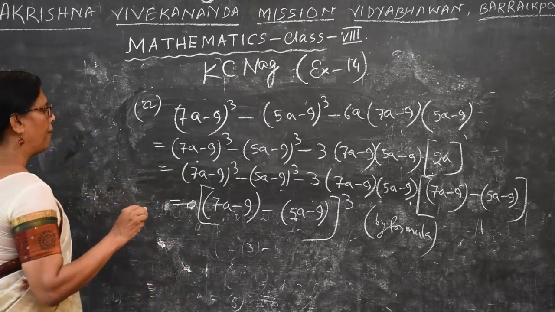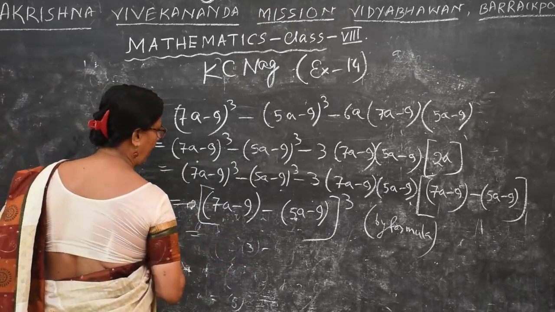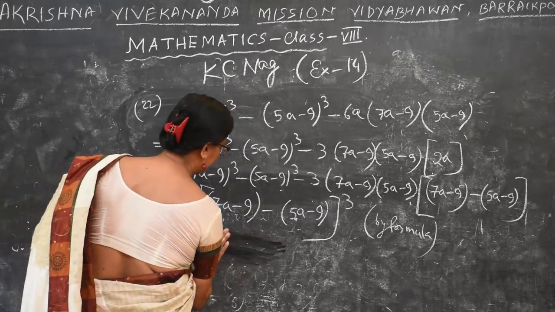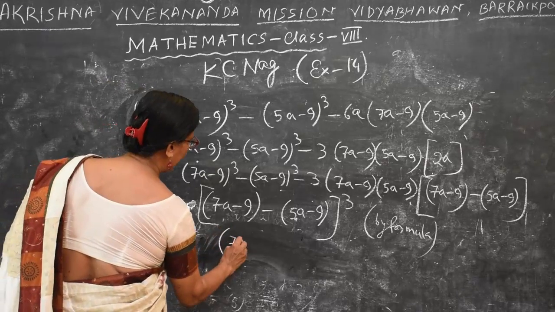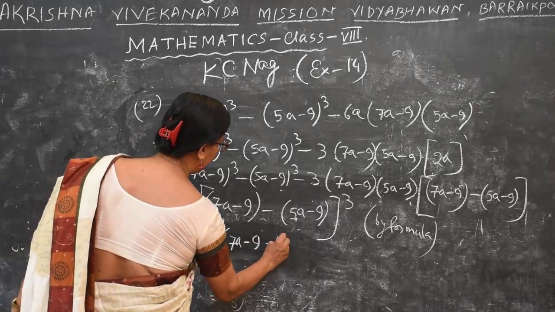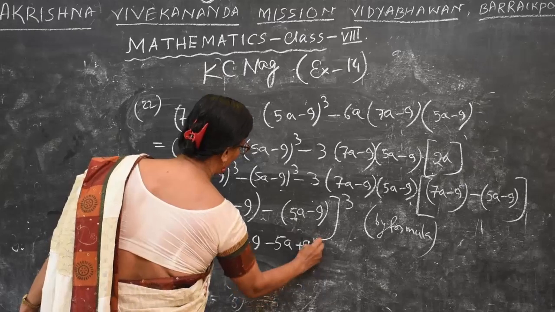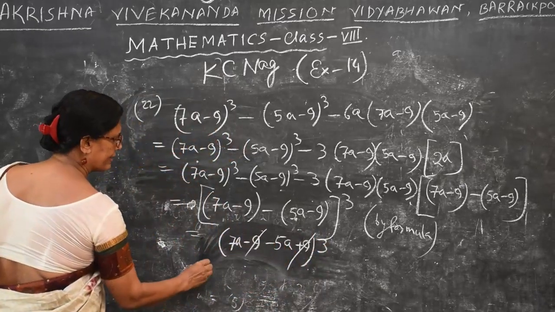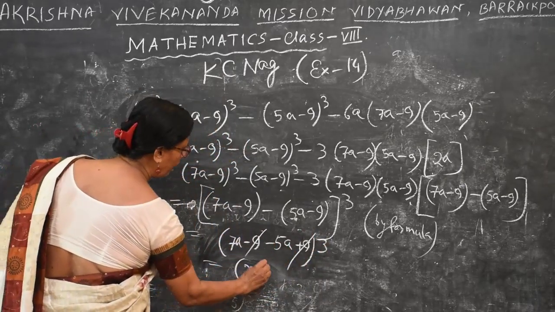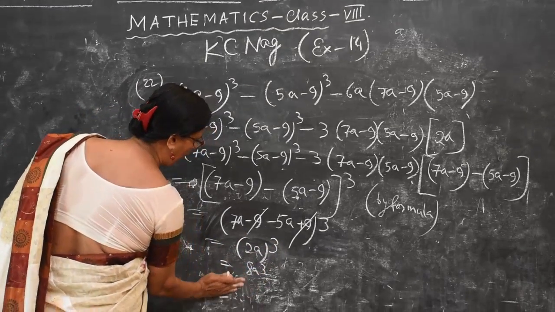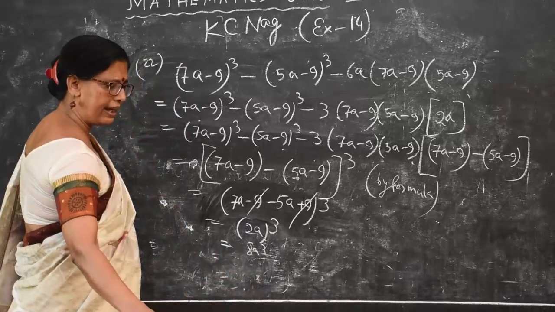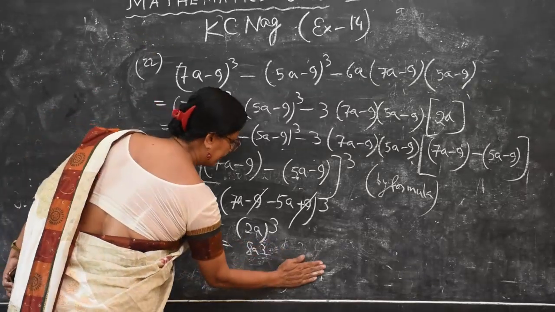It is also okay, but we can omit the unnecessary steps. So ultimately it is (2a) whole cube, that is 8a cube is our answer.